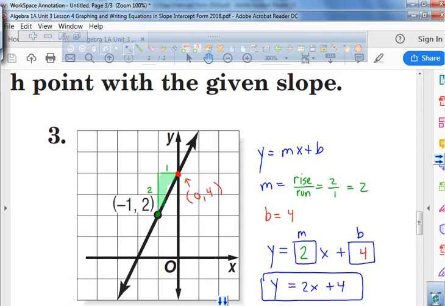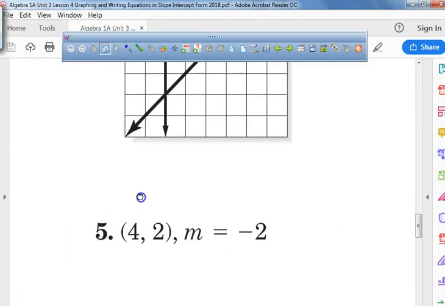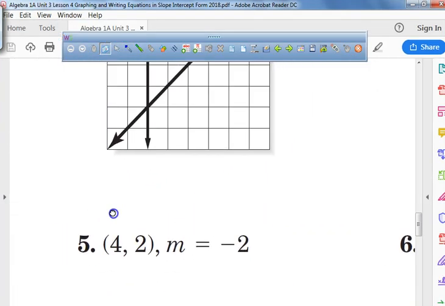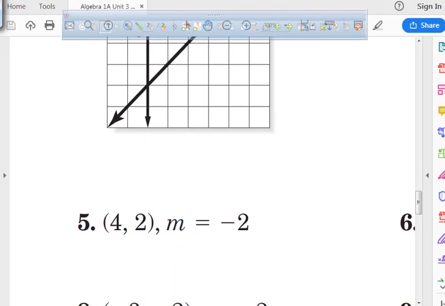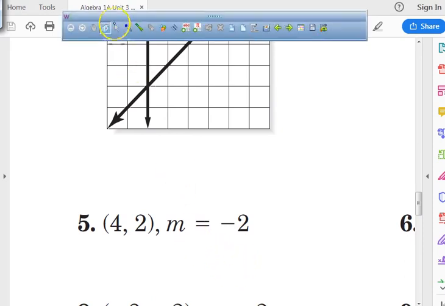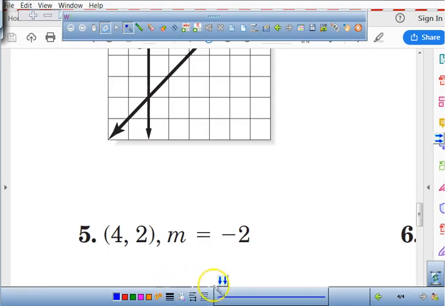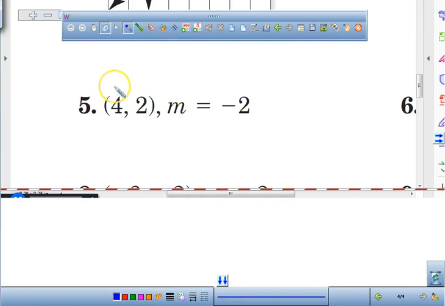Rise to run. Let's go and look at number 4. We're going to put number 4 in our journal right here. Alright. So what we're going to do is label this X and label this Y. And our slope, they've given us our slope.